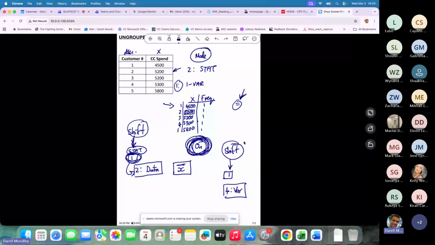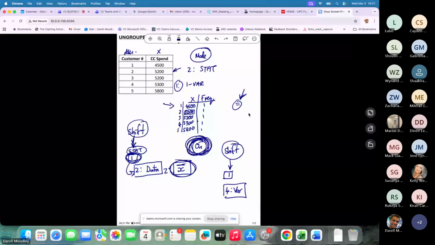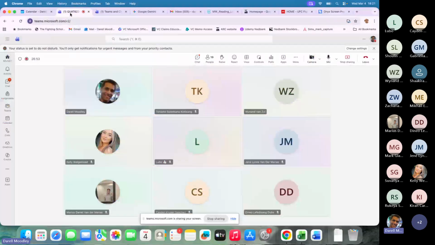And then you'll see the symbol X bar. So select that symbol. If that symbol is option 2, press 2. And then hit equals. Does everyone get a value of 5,200 as the mean?